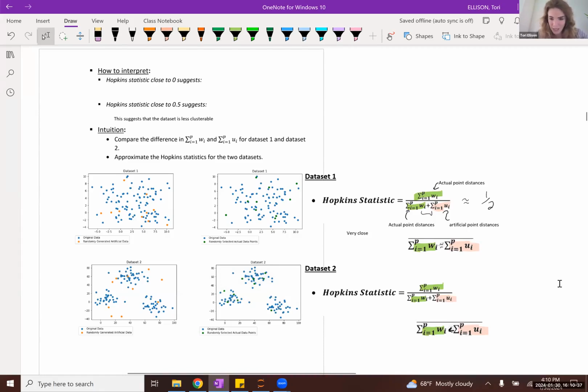So the denominator of this ratio is going to be comparatively a lot larger, and therefore our Hopkins statistic is going to approach 0. Generally speaking, if the Hopkins statistic is close to 0, this suggests that the data set is more clusterable.